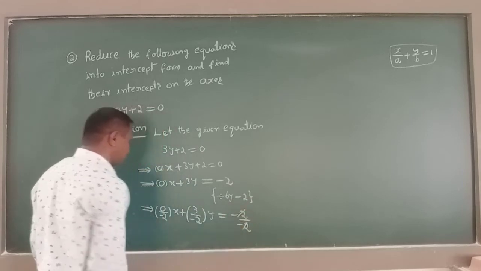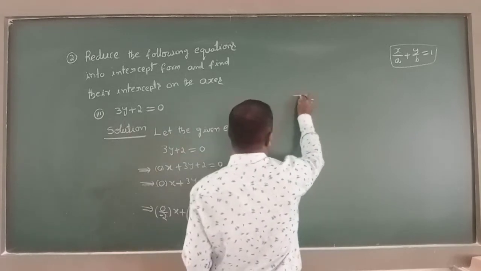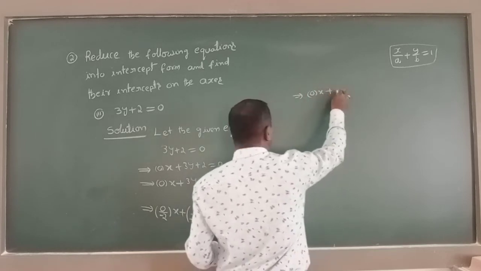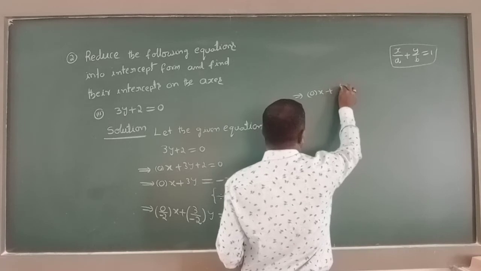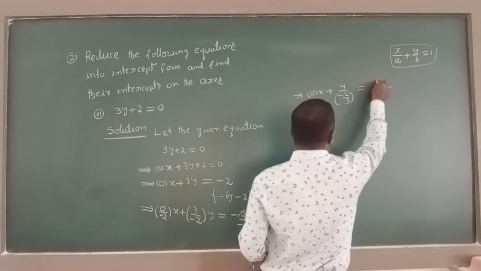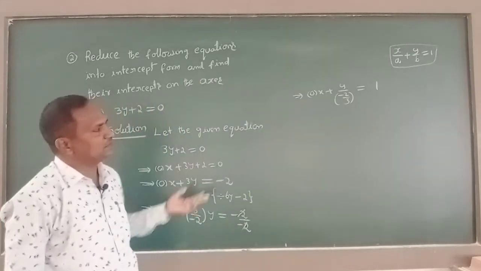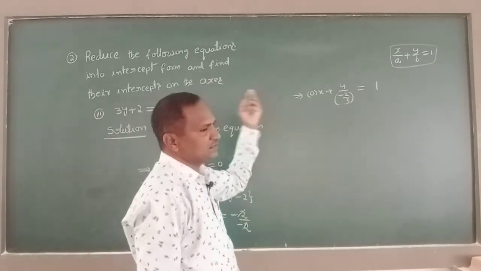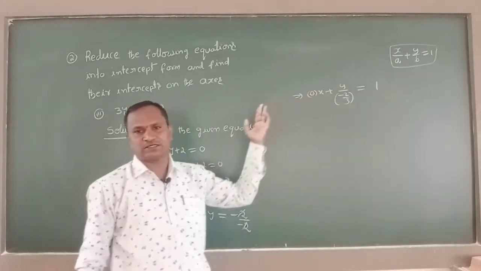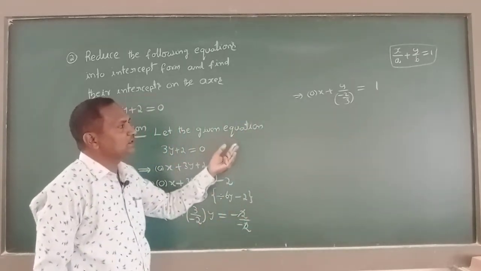On cancellation, we get x by 0 plus y divided by minus 2 by 3 is equal to 1. Here we don't have an x-intercept term; x by 0 means the x-intercept is 0.